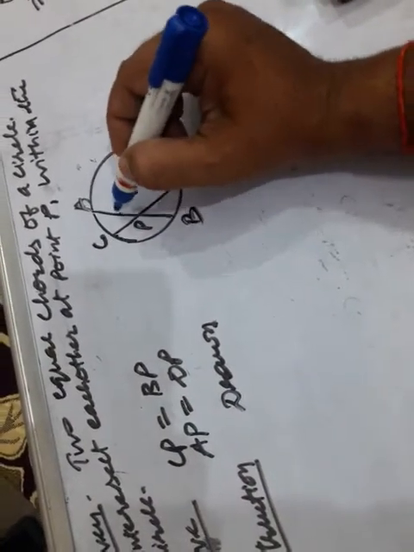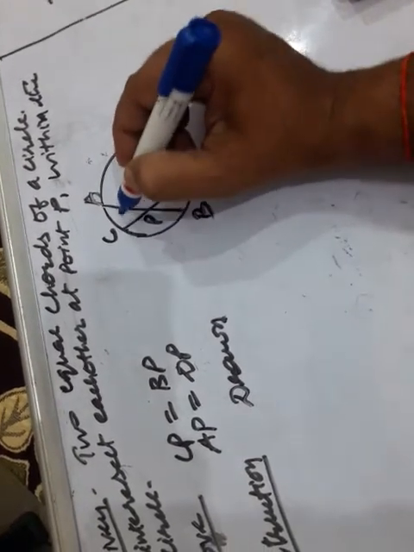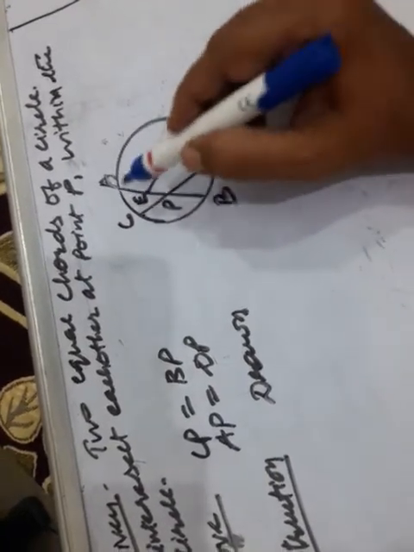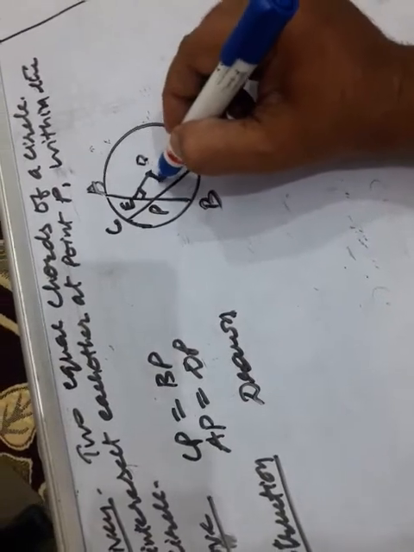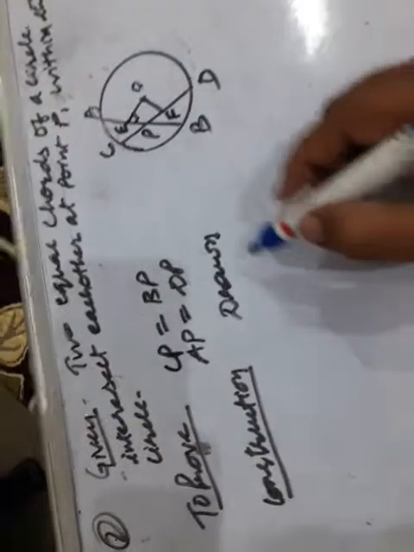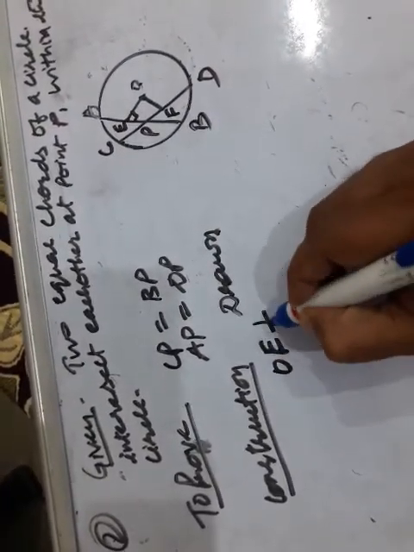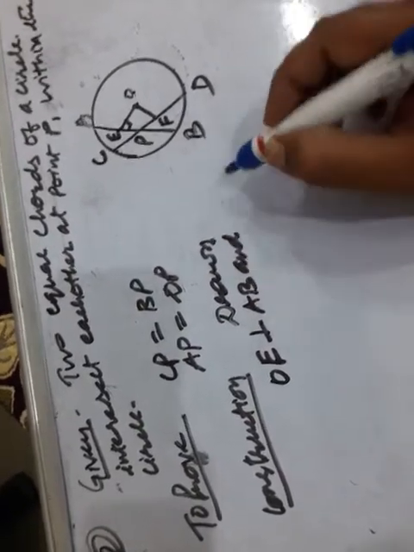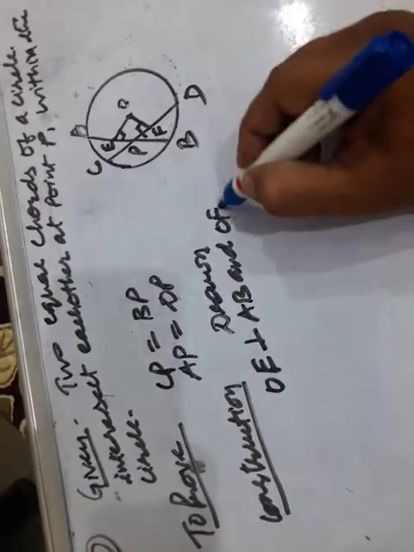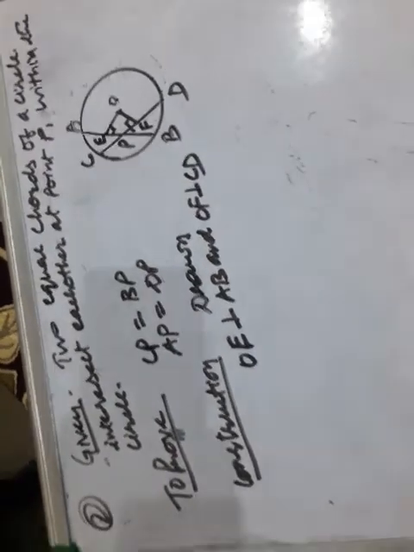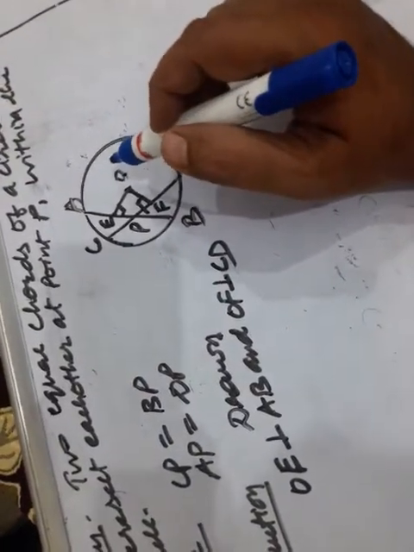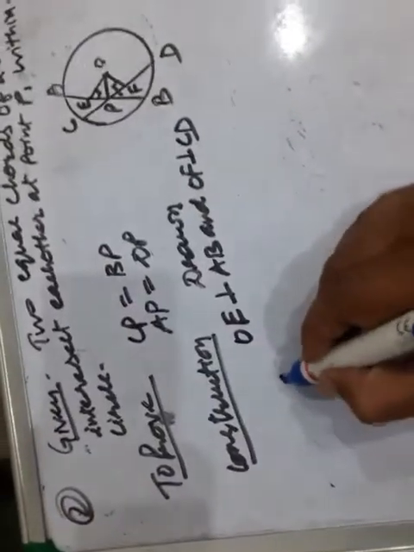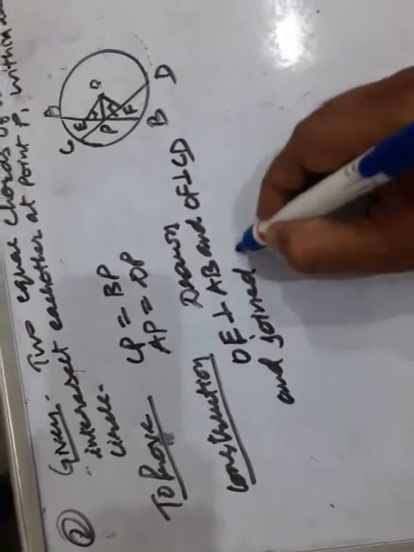Now draw OE perpendicular to AB, and OF perpendicular to CD, and join OP. Write down, children: draw OE perpendicular to AB and OF perpendicular to CD, and join OP. Clear, children, right?